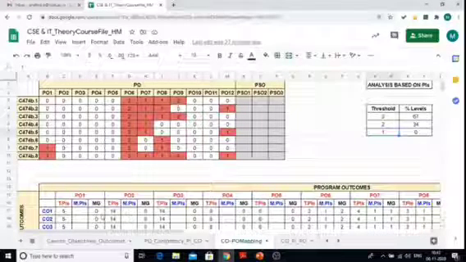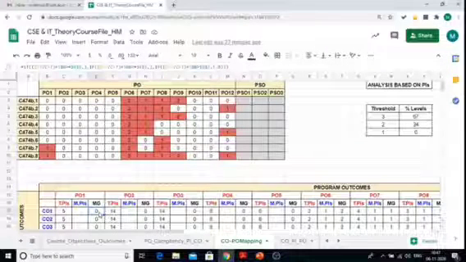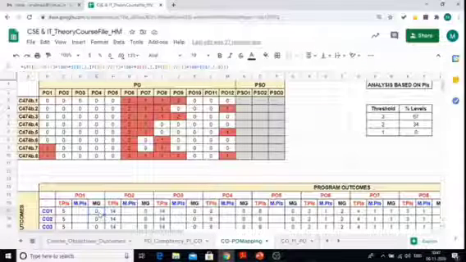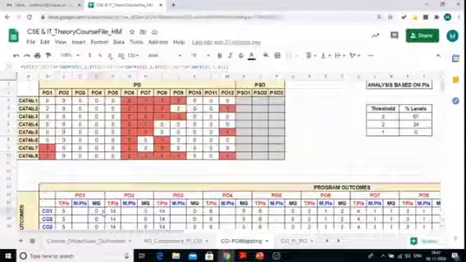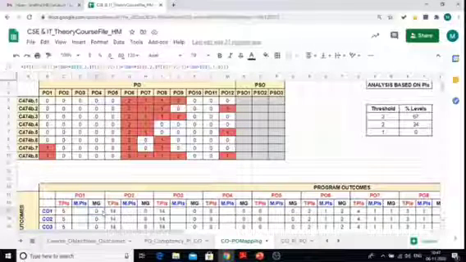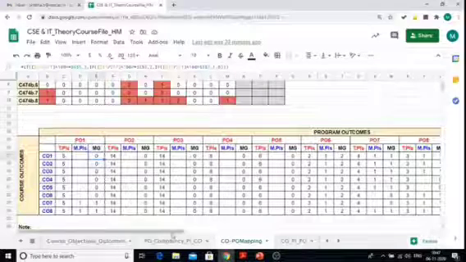Like this, the formula is used to calculate the mapping grade. I repeat, how to calculate the mapping grade MG: it is the ratio between the number of PIs that are mapped with respect to the total number of PIs. Like this we have to complete for all the 12 POs.